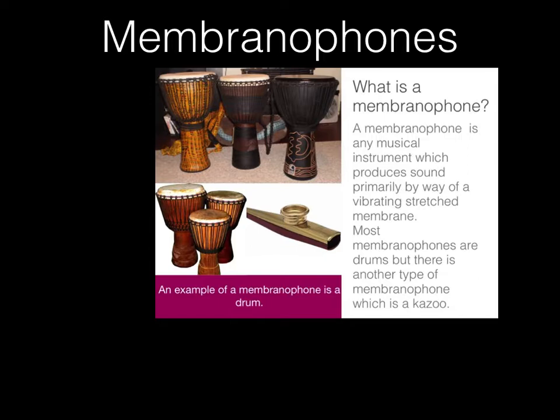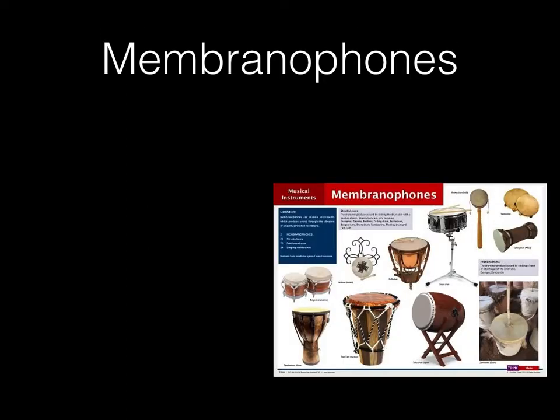So if you think about a timpani or a taiko drum, a snare drum, all of these have a membrane pulled over a drum head. And so it's the membrane itself, not the instrument, that is making the sound. It relies on that membrane to make the sound.